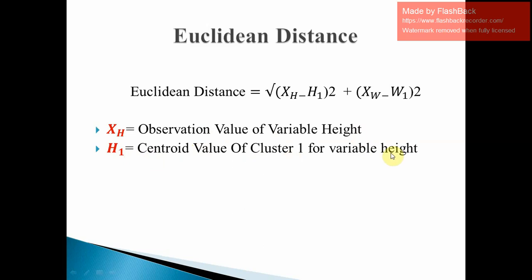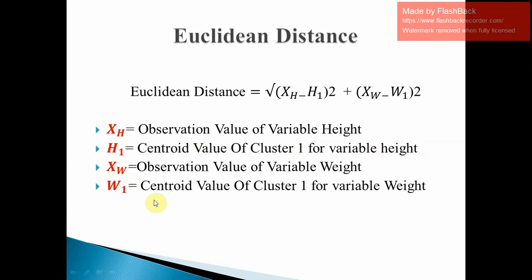That means whatever the cluster we have selected, the variable height is from that centroid value, that is centroid 1 or 2. xw is the observation value of variable weight and w1 is the centroid value of cluster 1 for variable weight.